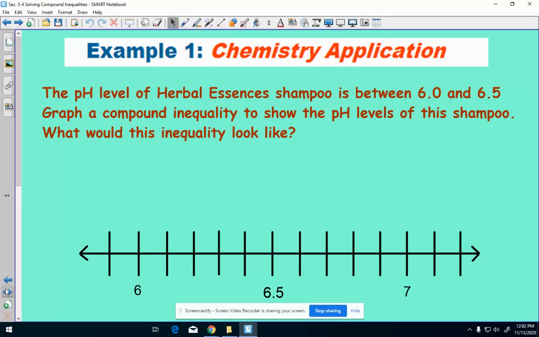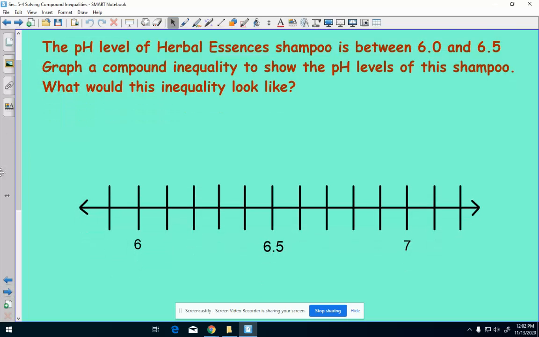Okay, so you're thinking an open circle at 6 pointing which way, right or left? To the right. And then an open circle at 6.5 pointing which way? So to the left. Essentially those two things coming towards each other. Or you could just connect them.